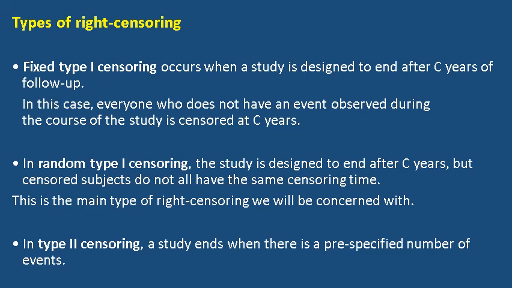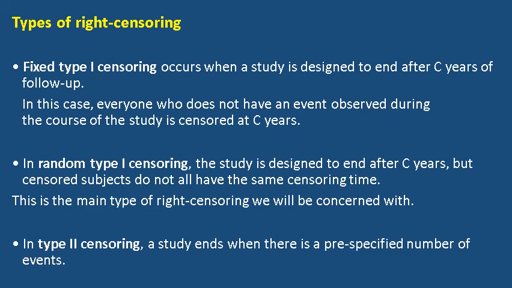Some may be censored before the end of C years, some may be censored at the end of C years. This is the main type of right censoring we will be concerned with. Some may drop out in between, some data is not available. That will be censored earlier than the end of C years.